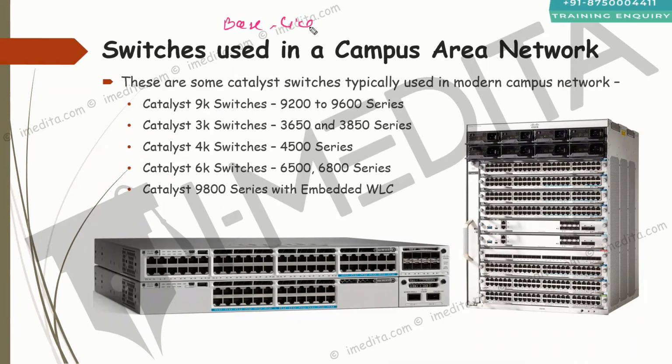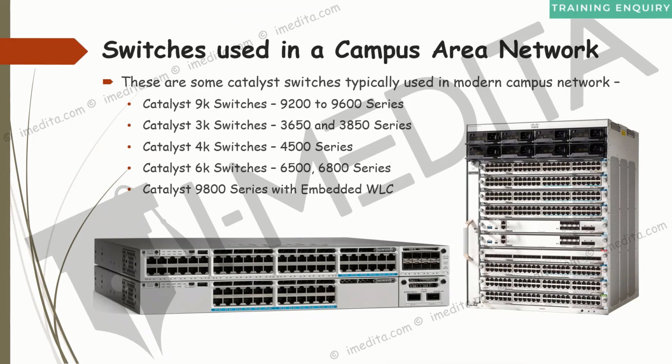The base or perpetual license allows us to use the basic functionalities of the switches, such as switching functions and everything. That base license used to be the IP Base license and other different types of licenses that we had.